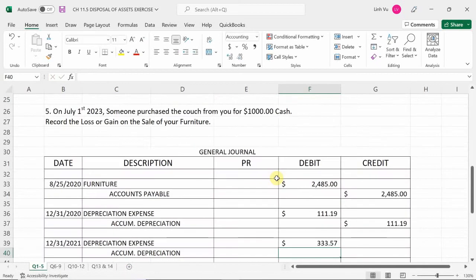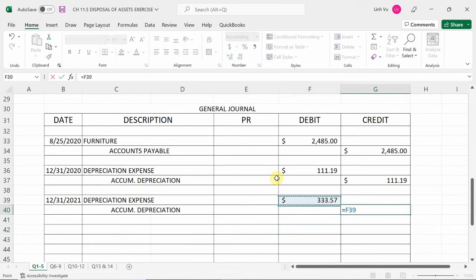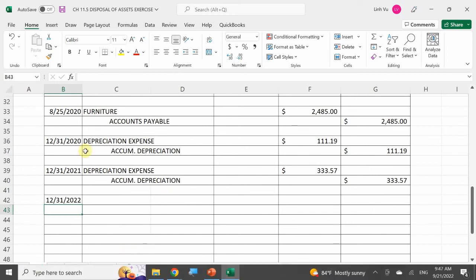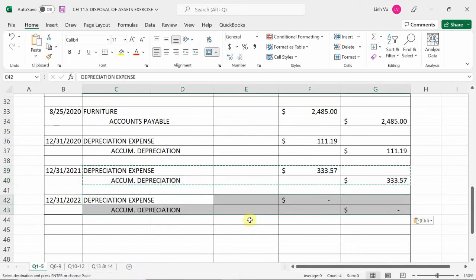Good. And then let's record it for the third year. December 31st, 2022. Depreciation expense and accumulated depreciation, for the same exact amount.